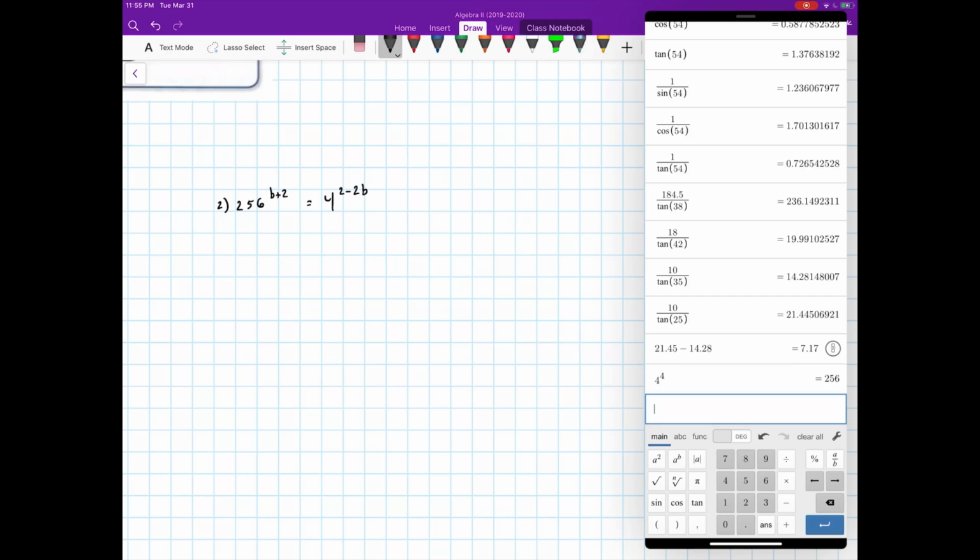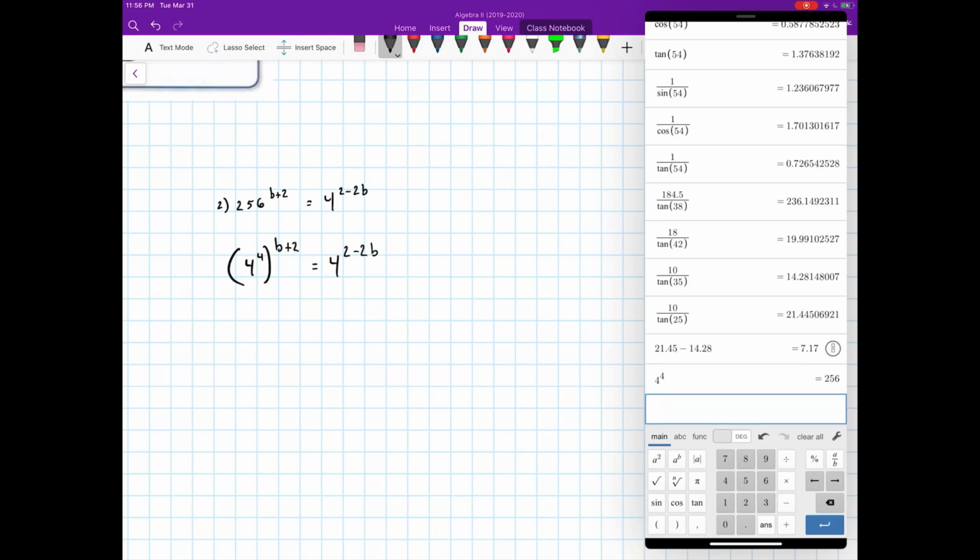So I'm going to use parentheses. 4 to the 4th, so that's equal to 256. The b plus 2 is still there, equal to 4 to the 2 minus 2b. I didn't do anything mathematically, just changed the way the 256 looked.